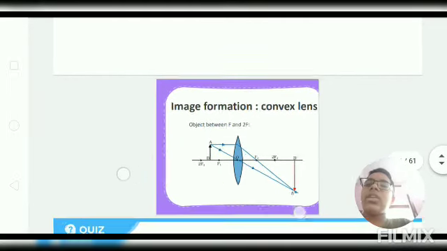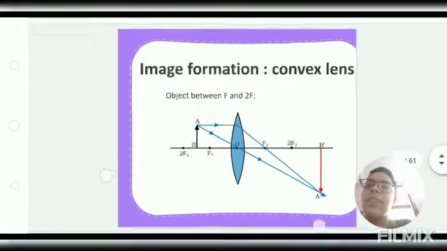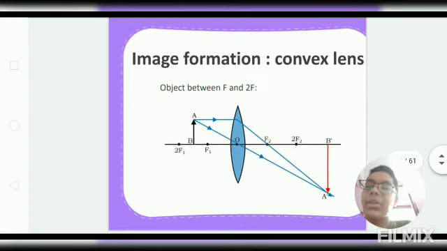Image formation of a convex lens. The next ray diagram. An object is between 2f, the center of curvature, and f, that means between f and 2f.